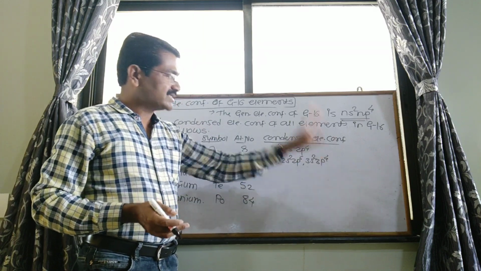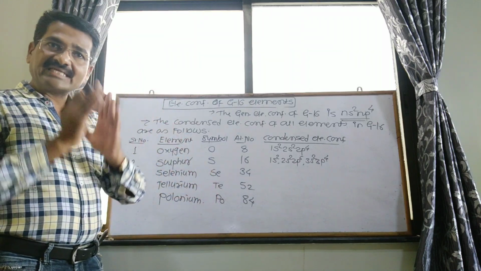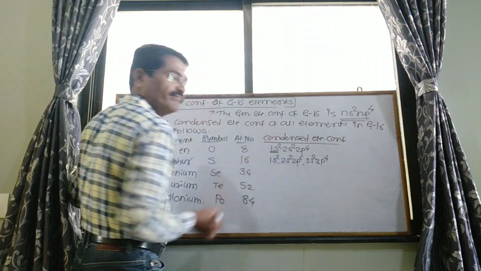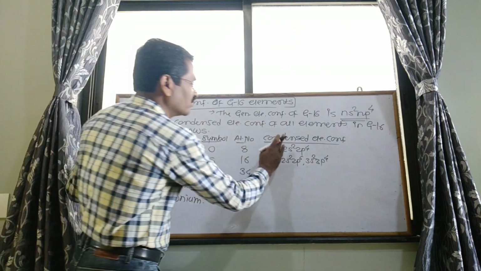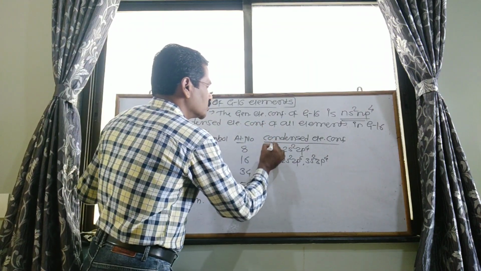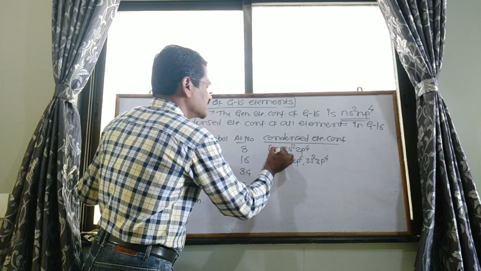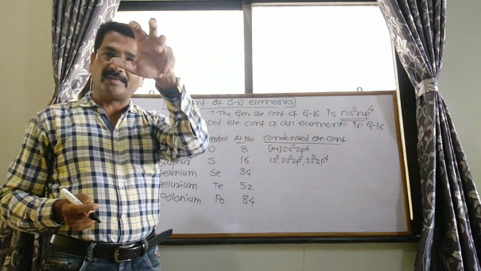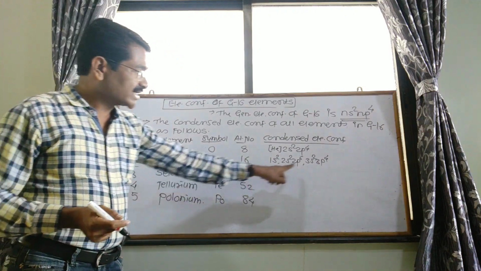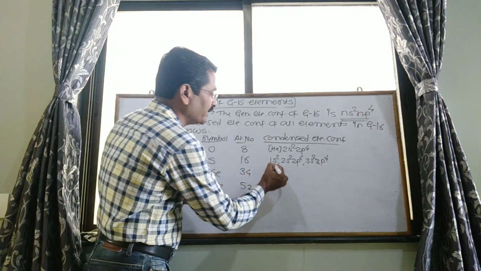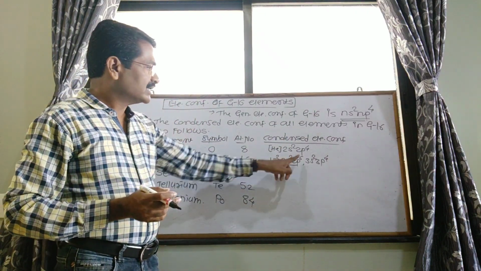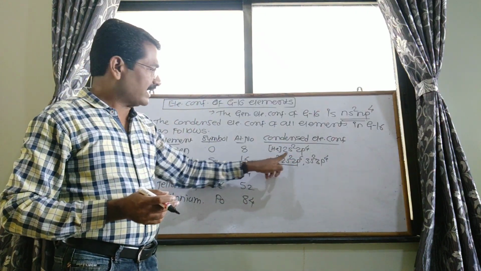But in the condensed electronic configuration, this 1s2 is the electronic configuration of helium. So in condensed form, the nearest zero group element is taken. In this electronic configuration, the nearest zero group element is neon, which has the atomic number 10, that is 2, 8.